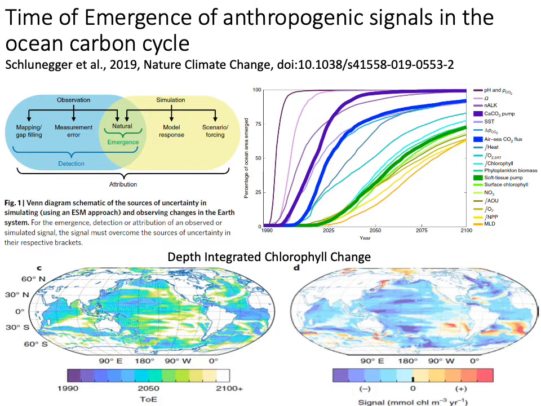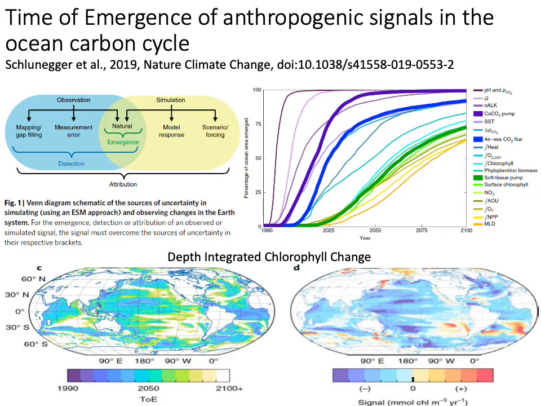This is shown as a map on the lower left-hand panel with the time of emergence of the integrated chlorophyll having changed detectably in some areas very soon, and in other areas not even by the end of the century.